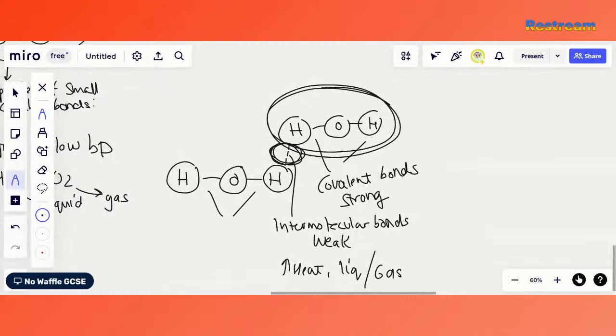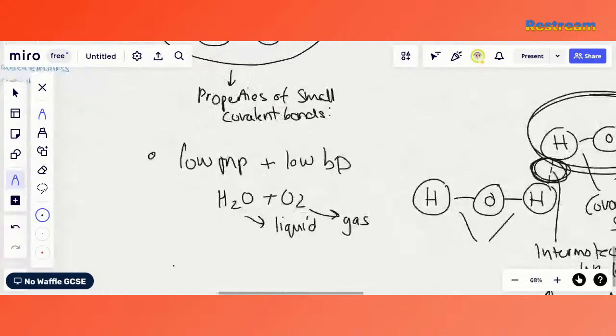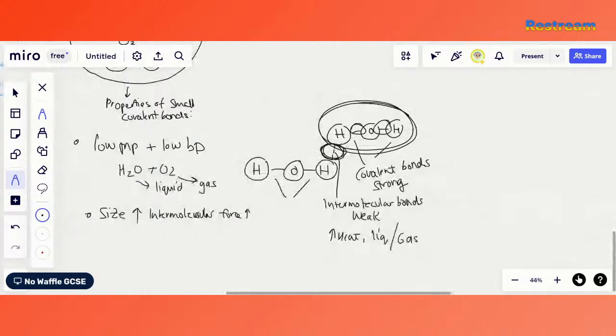Okay. And the next property of small covalent bonds is as the size increases, the intermolecular forces increase. So what this is saying is as the number of covalent bonds and the size increase, then the intermolecular forces also increase.